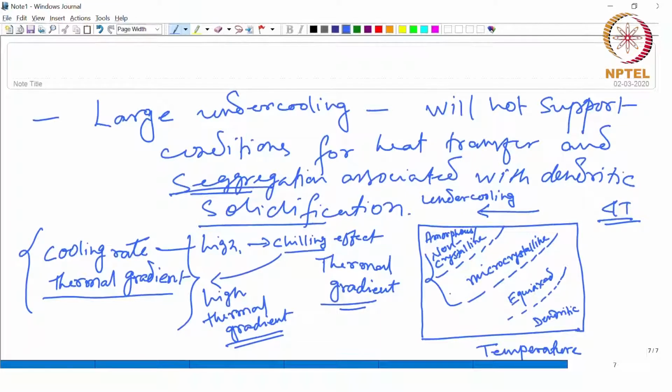Okay. So, it's not only about the size of the grains or the morphology of the grains, whether it is going to be dendritic or equiaxed. It is also about whether it is going to be crystalline at all or not. Okay.